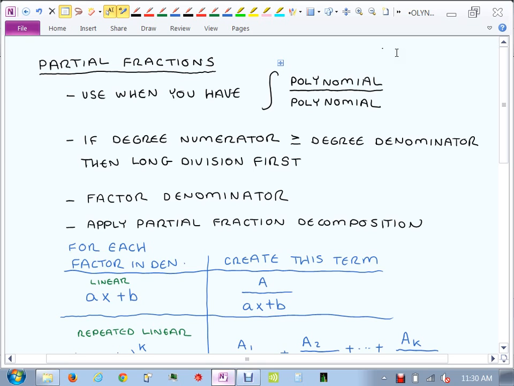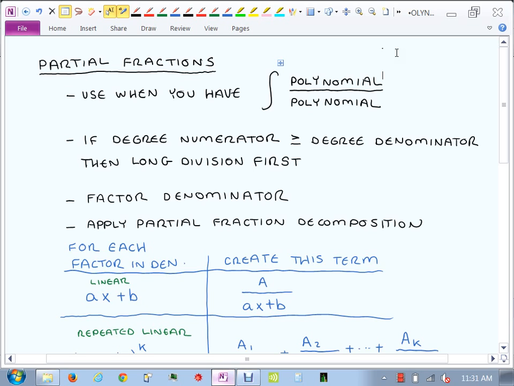First, if the degree of the numerator, the highest power, is bigger than or equal to the highest power of the denominator, the first thing you have to do is long division, which we haven't looked at yet. If we take care of that step, the next step is to factor the denominator.